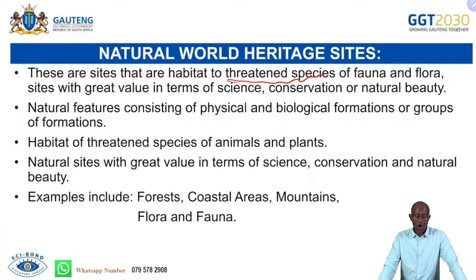Habitat, or the natural home of threatened species of animals and plants, is also what natural heritage sites prioritize. Natural sites with great value in terms of science, conservation, as well as natural beauty, form the package for a natural World Heritage Site.